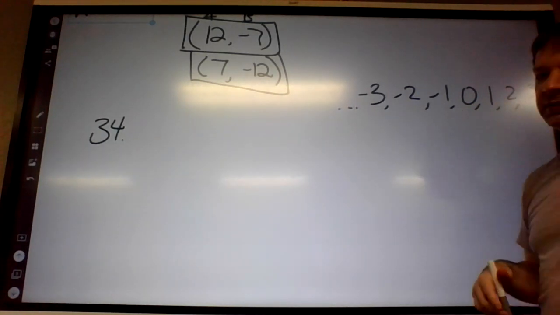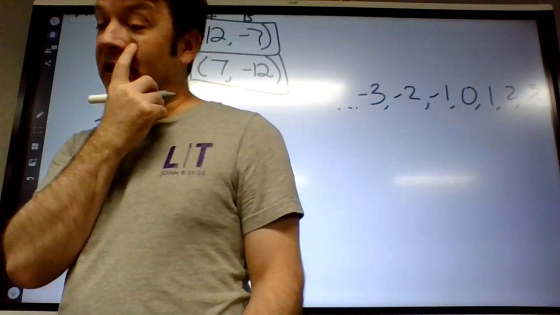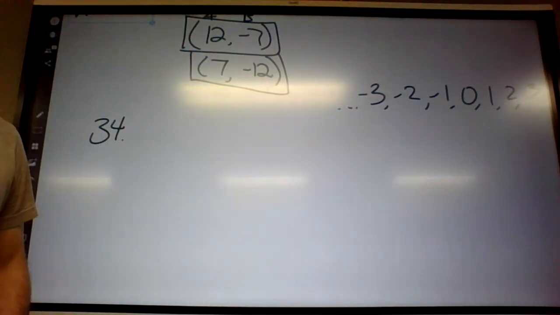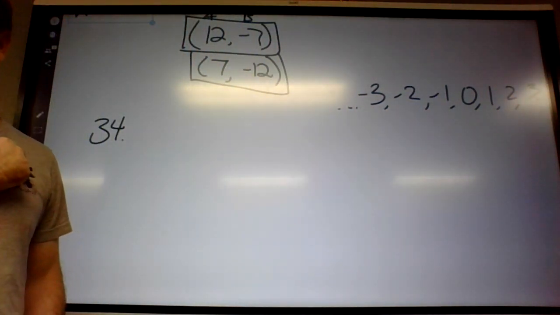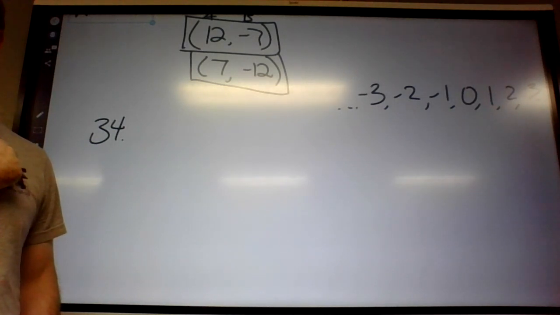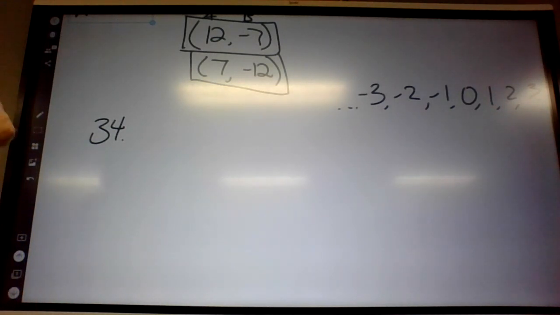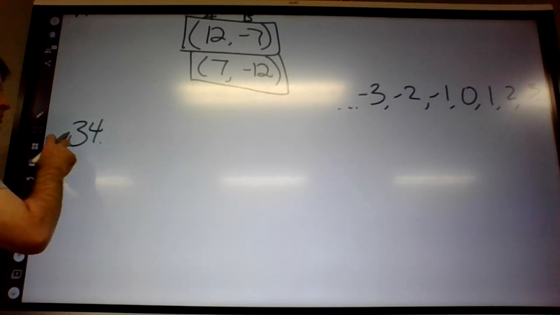These are integers. So we have two variables again, find two integers. It says the first is 2 more than twice the second. So when it says the first, Hank, what do you think we should put in for that?